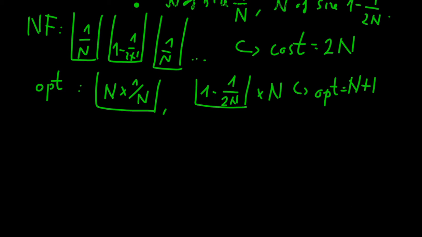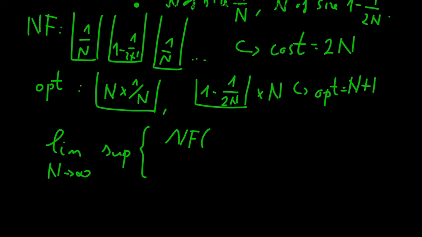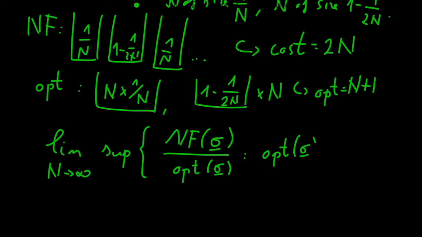If you recall the formula for computing the asymptotic competitive ratio, it was next fit for sigma divided by the optimum value for sigma, but only for those sigmas for which the optimal value is at least n.